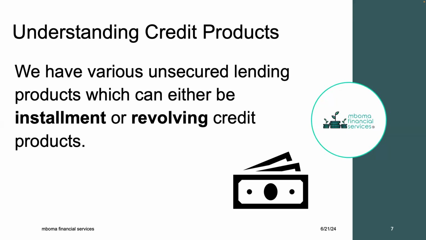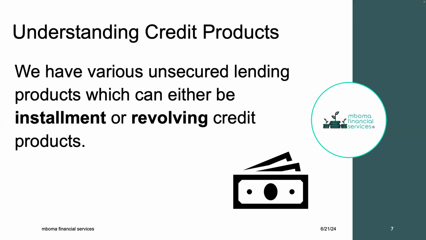With unsecured lending products, these are products that are not linked to any form of asset. There's no asset attached to this product. So these are your credit cards, your overdrafts, your loans. And so today we're diving a little bit deeper into these credit products.